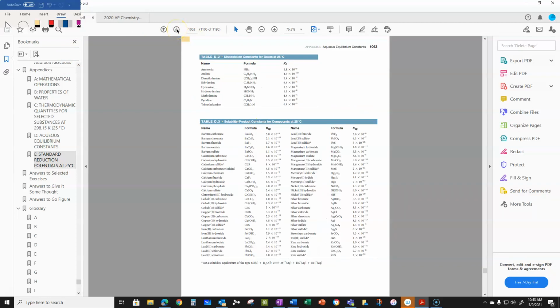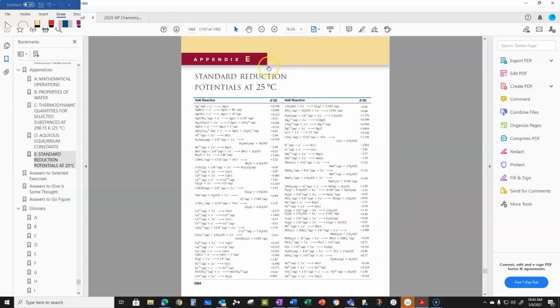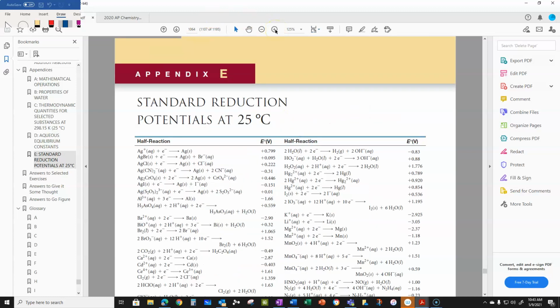And the next appendix in back of that is appendix E, standard potentials. Now these are all the big half cells, not just a simple element solid breaking up into ions, or ions going into the solid. These are even more complex. Now AP has to give you these. There's no way you can figure these out from anything.